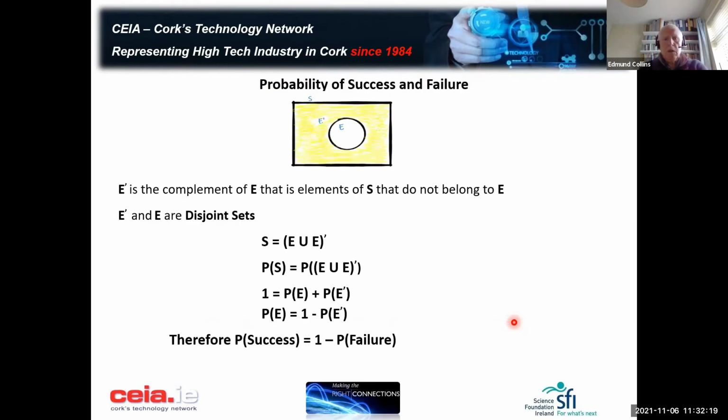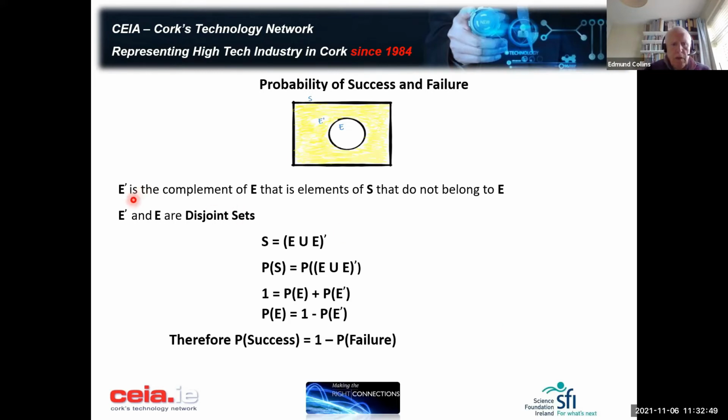Now, this is very important, the probability of success and failure. As you'll see in the question we're going to look at later, sometimes it's easier in a question to determine the probability of failure rather than success. And when you have the probability of failure, then you're able to calculate the probability of success from that.